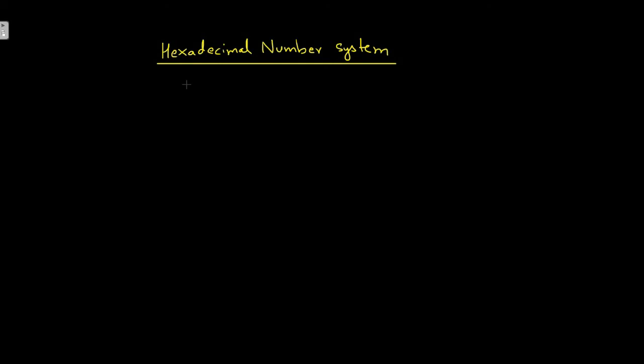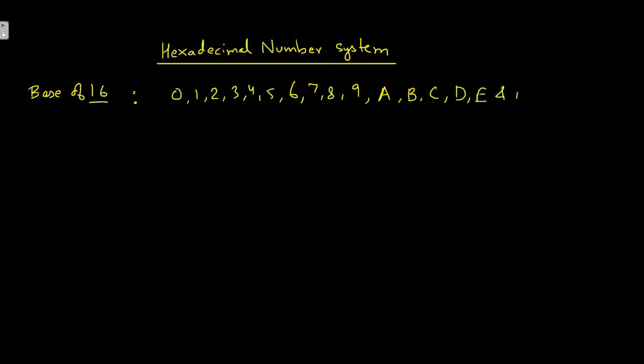Next is hexadecimal number system. Hexadecimal number system has a base of 16 and has 16 digits: 0, 1, 2, 3, 4, 5, 6, 7, 8, 9. 10 is represented by A, then B, C, D, E and F, that is 11, 12, 13, 14 and 15. 15 is represented by F, and the total is 16 digits.